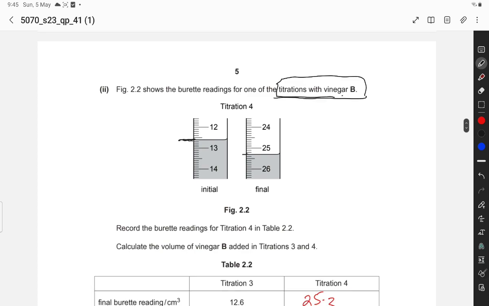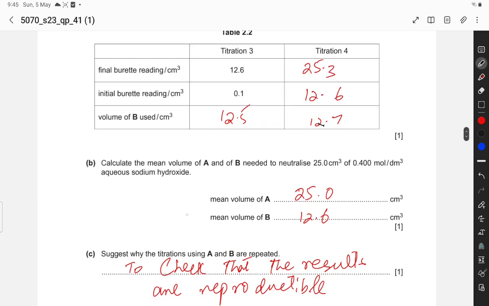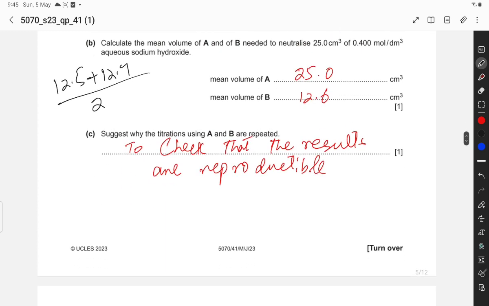In this way we get 25 for the mean volume of A, and the mean volume of B is 12.5 plus 12.7 divided by 2, so this is the mean volume of B, 12.6.